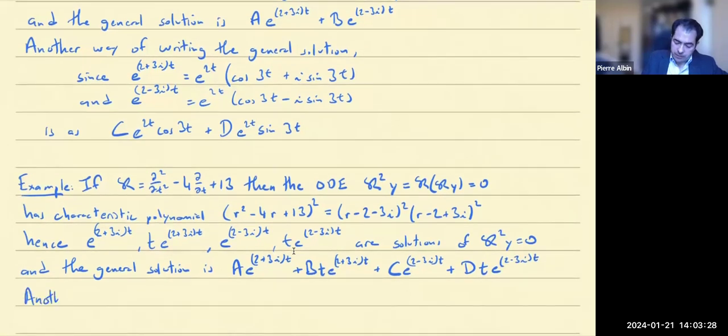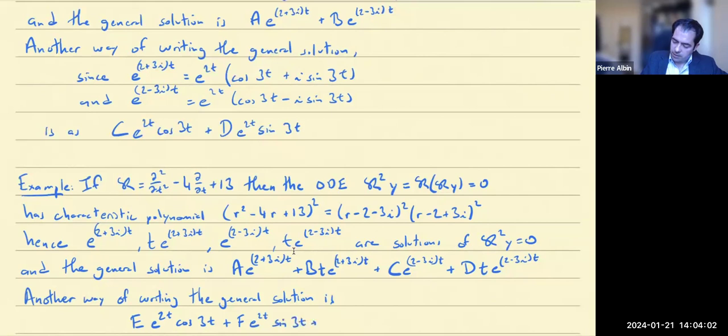But another way of writing the general solution would be as, let's say, e times e to the 2t cosine 3t plus f e to the 2t sine of 3t plus g t times e to the 2t cosine 3t plus h t e to the 2t sine of 3t.